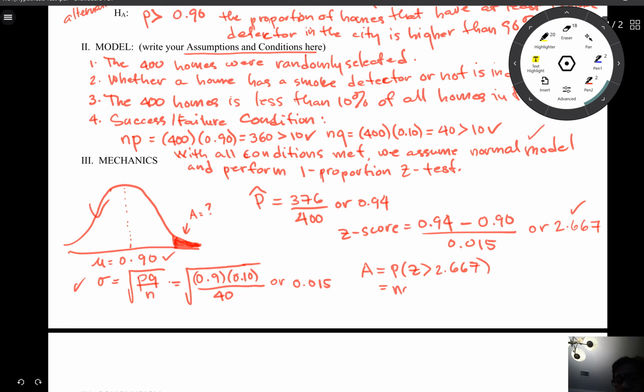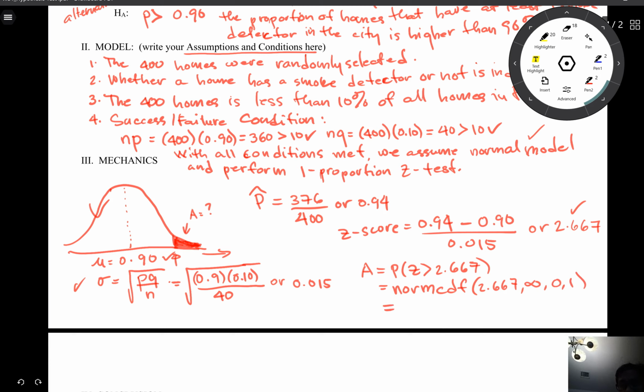So that would be norm CDF, say from 2.667 up to positive infinity, and then we got 0 and then 1.